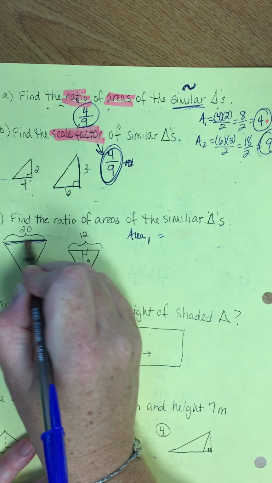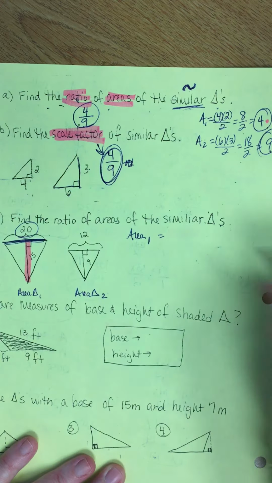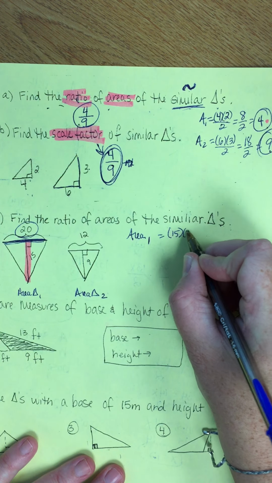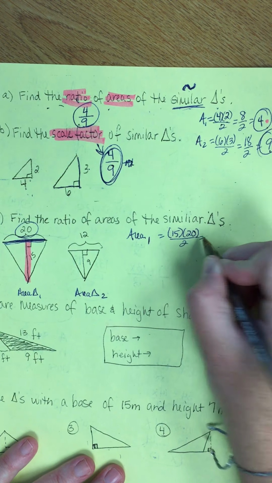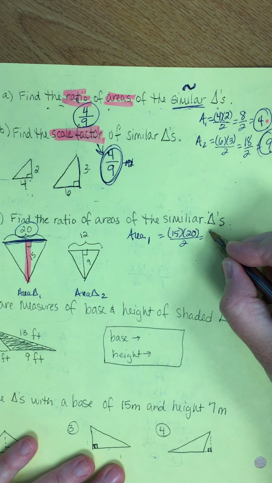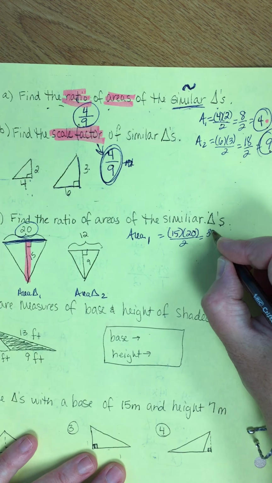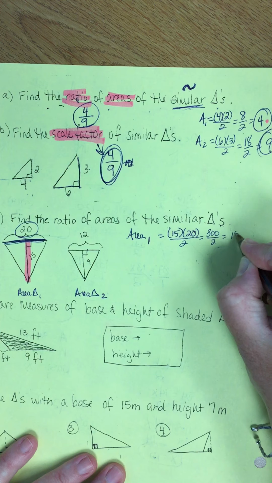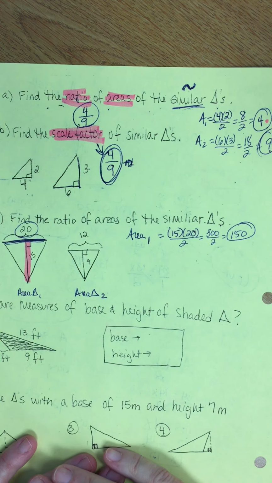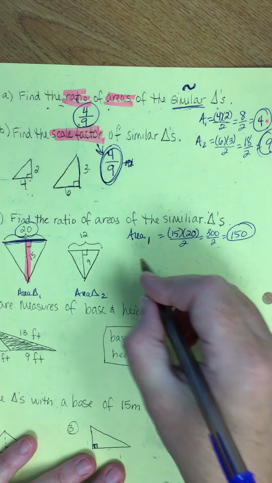Your base is all of 20. So it's 15 times 20 over 2. 20 times 15 is 300, divided by 2 is 150 units squared.